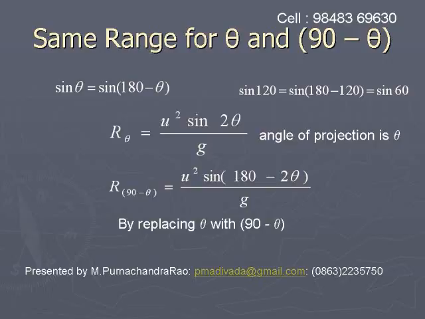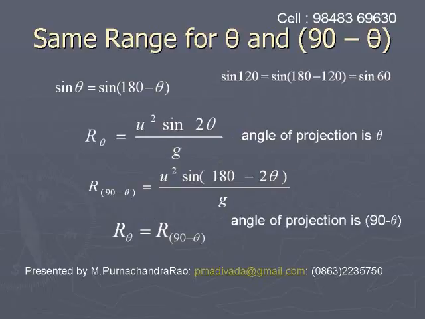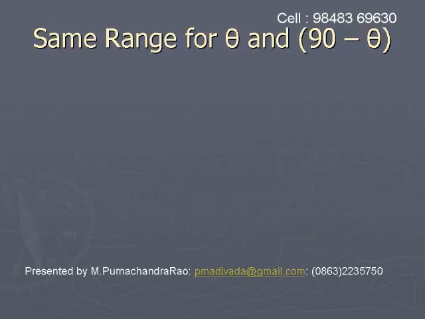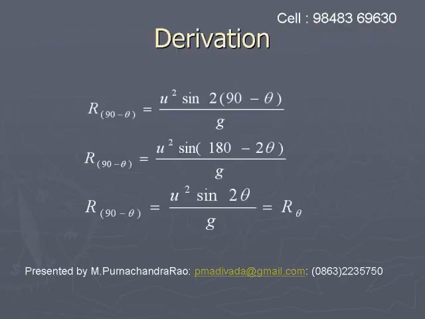By substituting theta as 90 minus theta and multiplying with 2, you will get 180 minus 2 theta. But sin 180 minus 2 theta is sin 2 theta. Hence, R theta is equal to R 90 minus theta.